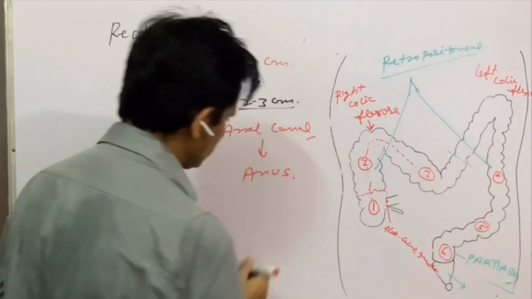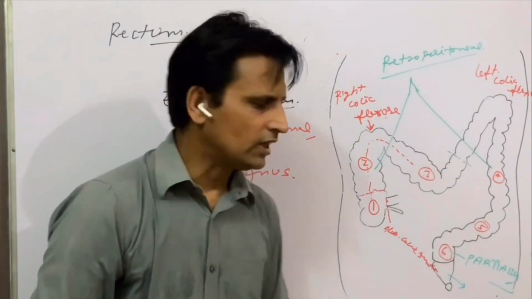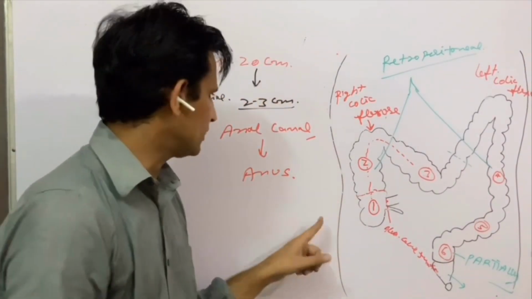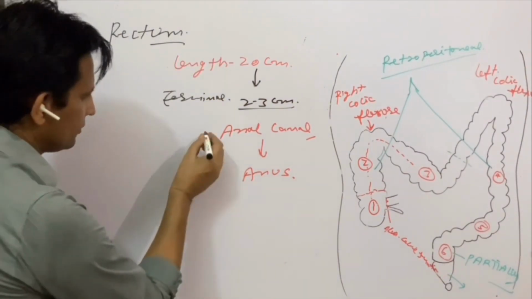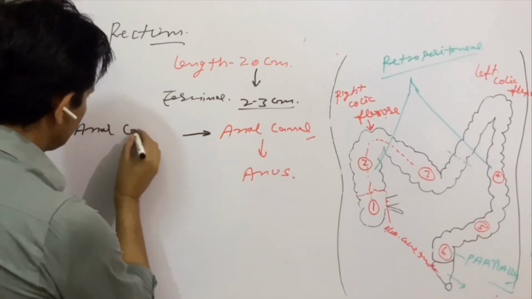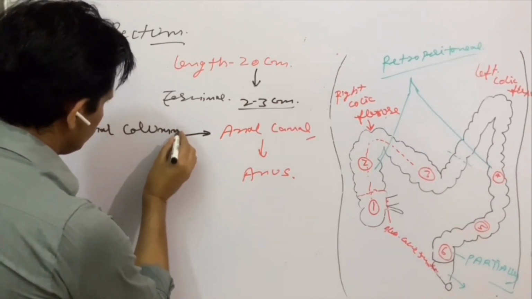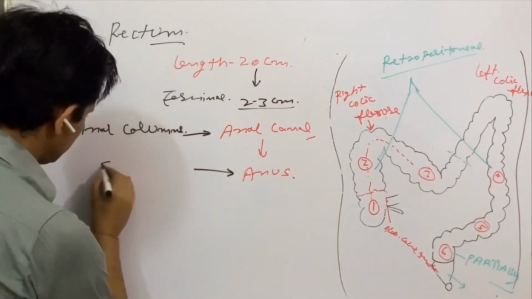And this anus, the exterior opening, is actually guarded by two basic sphincters. So the anal canal has anal columns, and the anus has two sphincters.